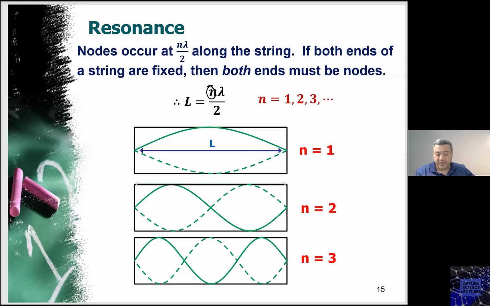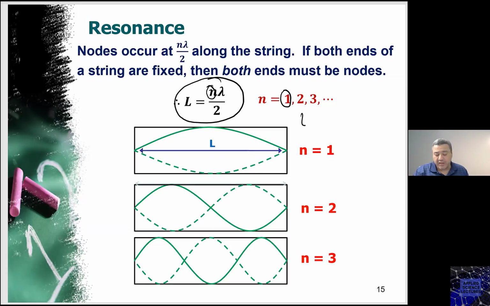However, the fundamental, so back to this expression that defines the length for the resonances, L equals n lambda over 2. So when n is 1, this is the lowest frequency of resonance. In that case, the length of the string will equal half lambda.